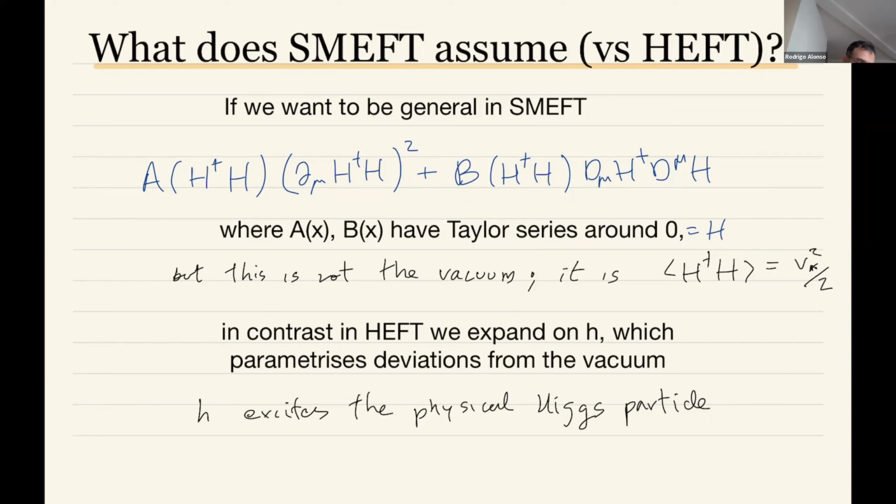Nevertheless, the true vacuum is not sitting at h equals 0, but at a finite VEV, in general a VEV that is not exactly the electroweak VEV. And that is in opposition to HEFT, where we assume that we are expanding around the vacuum, and in particular, our little h is truly the field that excites Higgs bosons.